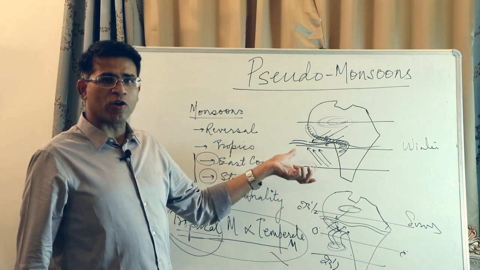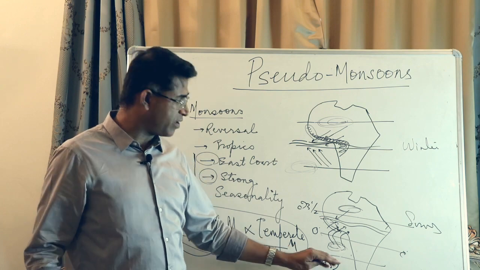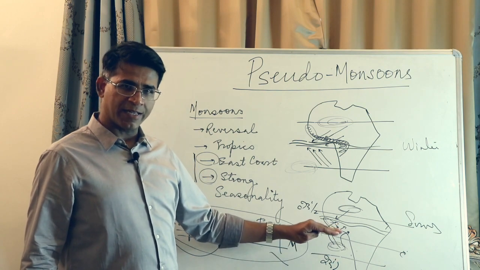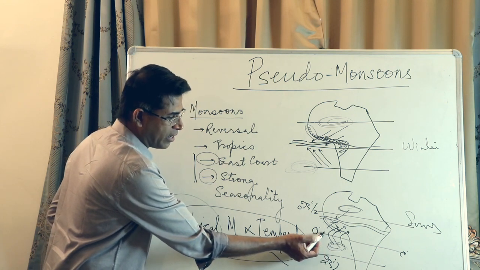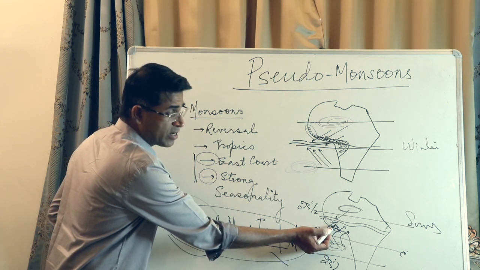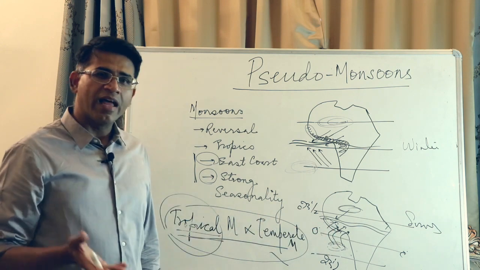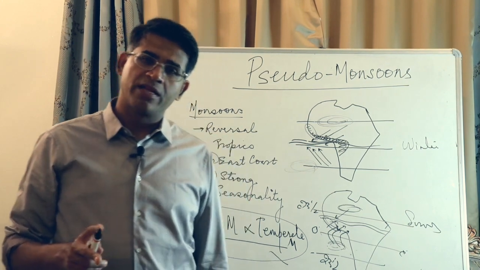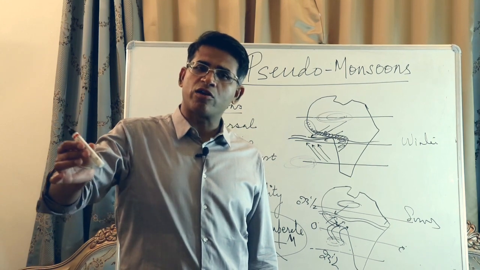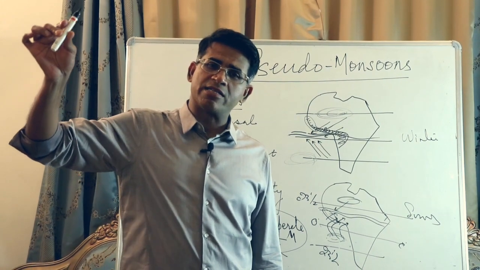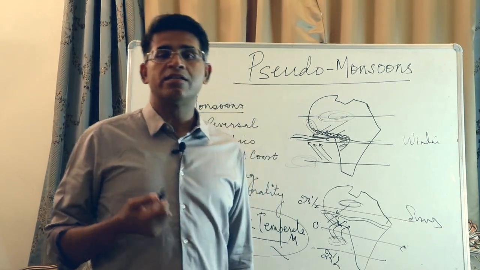When the belts shift northwards, the subtropical high pressure of the southern hemisphere also shifts northwards, and the southeast trades now cross the equator, deflect towards the right and enter the coasts as onshore winds, typically what we have as southwest monsoons for India. So for India also, the southeast trades cross the equator and under Coriolis they deflect and approach the Indian peninsula as the southwest monsoon.